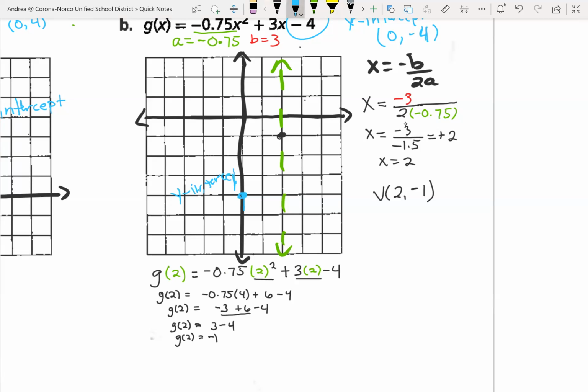That's really bad writing. Okay, so then we're going to graph the mirror image, which is on this side.